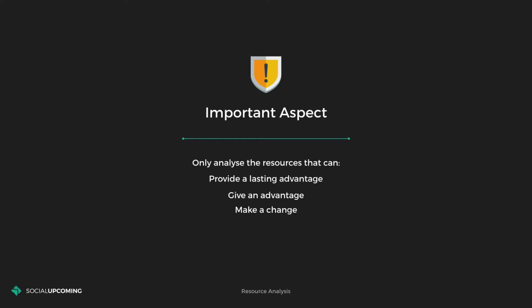A business has a lot of different resources, but not all resources are important. You only want to analyze resources that can make an impact. If you start analyzing all the different resources the business has, then you will have your head in the sand for a lot longer than you can afford.